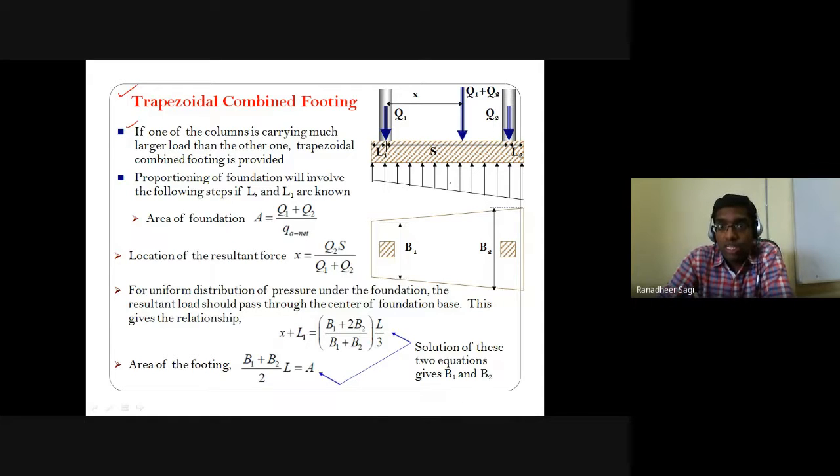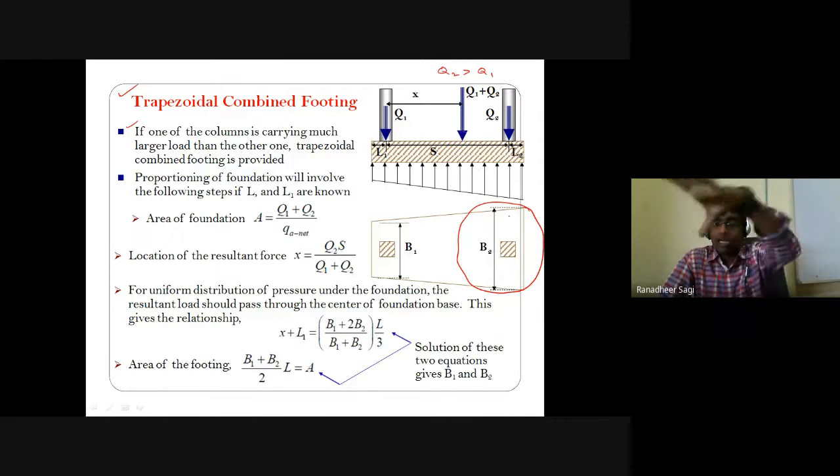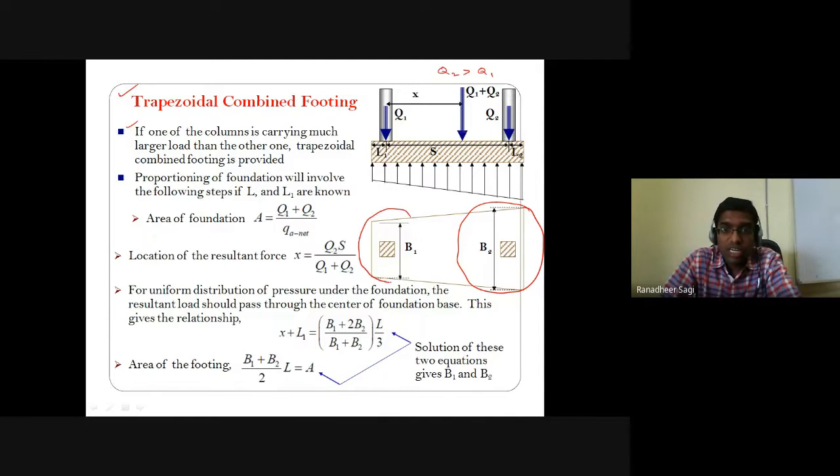So here in this particular case, let's say for example, if your Q2 load is greater than your Q1 load, then the area required to distribute the load coming from column 2 is also more. That's the reason why you are providing a larger width in the region nearer to column 2 when compared to the width provided in the region of column 1.